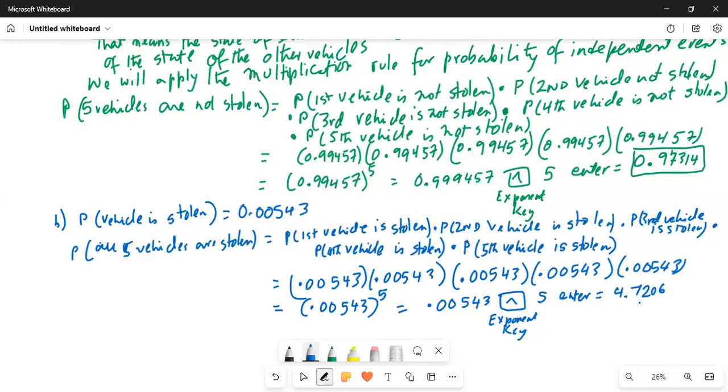It is 4.7206, but probability cannot be greater than 1, so it cannot be 4.7, so there is an exponent part, minus 12. What does it mean? Many people have asked me.